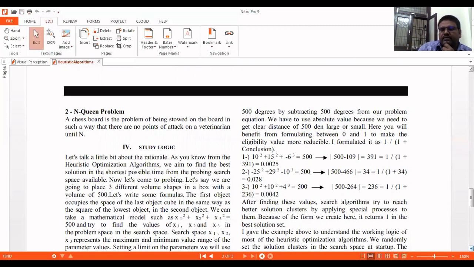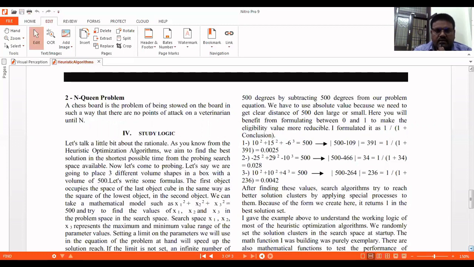I formulate it as 1 divided by 1 plus the distance. So for the first solution: 10 square plus 15 square plus minus 6 cube.